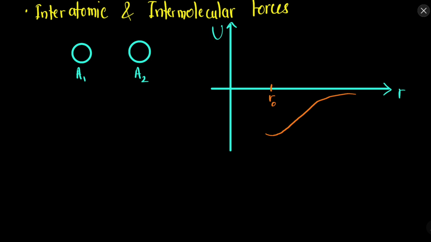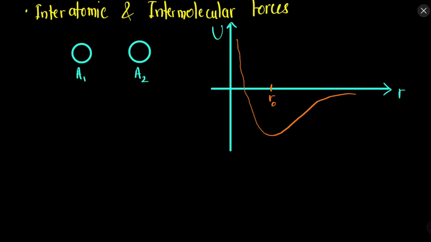Let's say that distance is r naught. Then after that the potential energy starts to increase, and from a negative value it becomes a bit positive, like this.